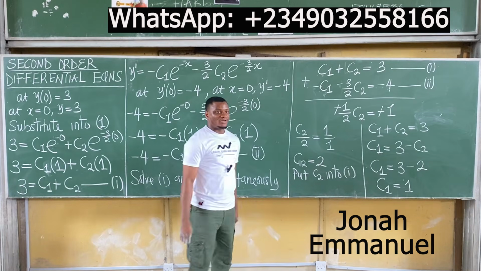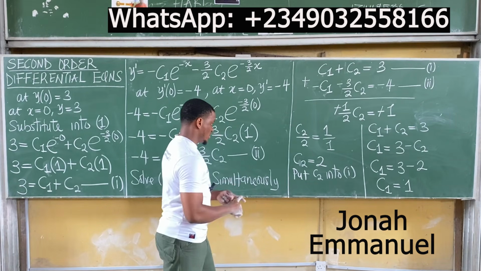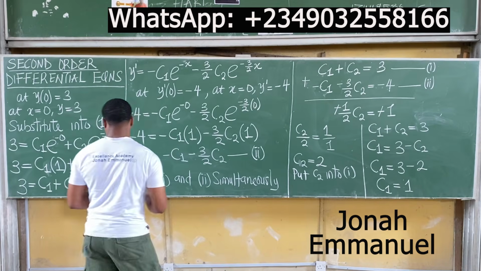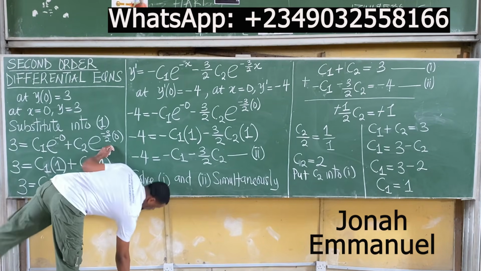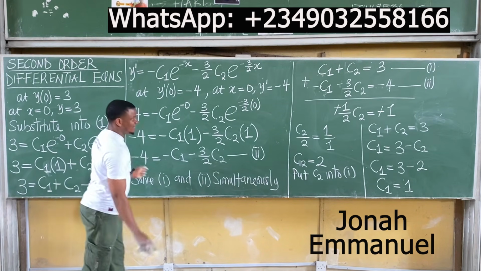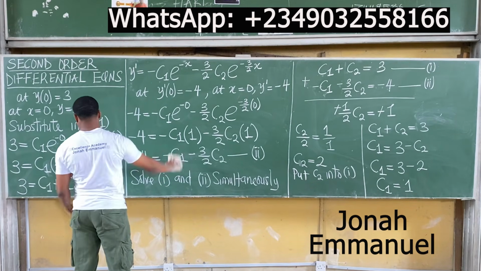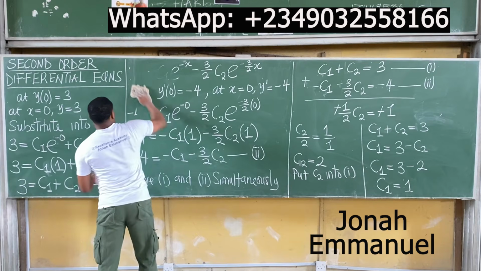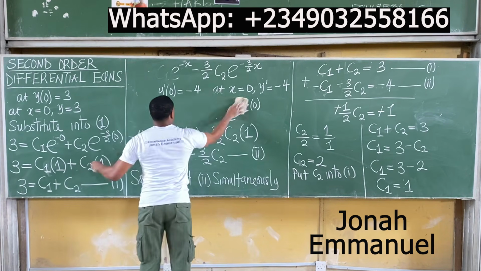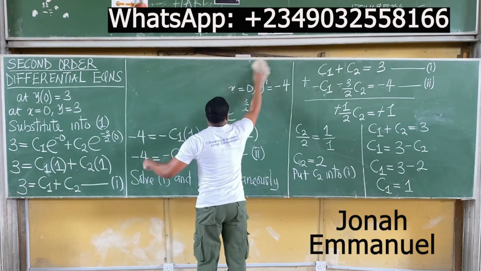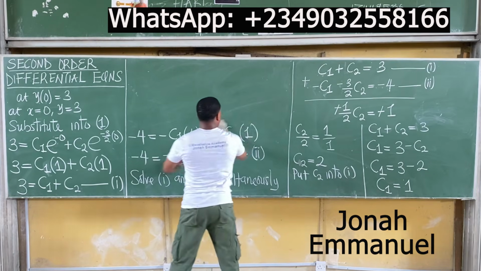So we have this. With this, we've now got the value of what there? C1 and what there? C2. All right. Now at this point, we can finally get the general solution of the equation.